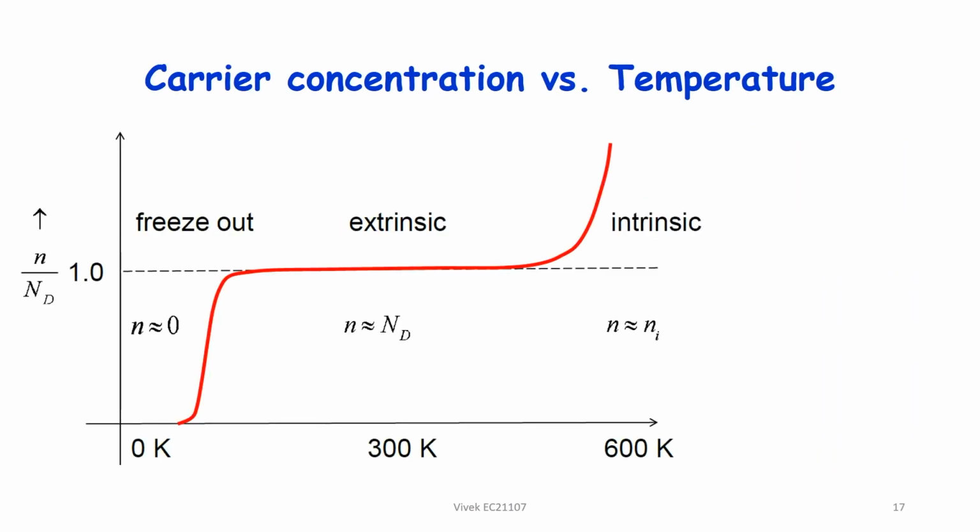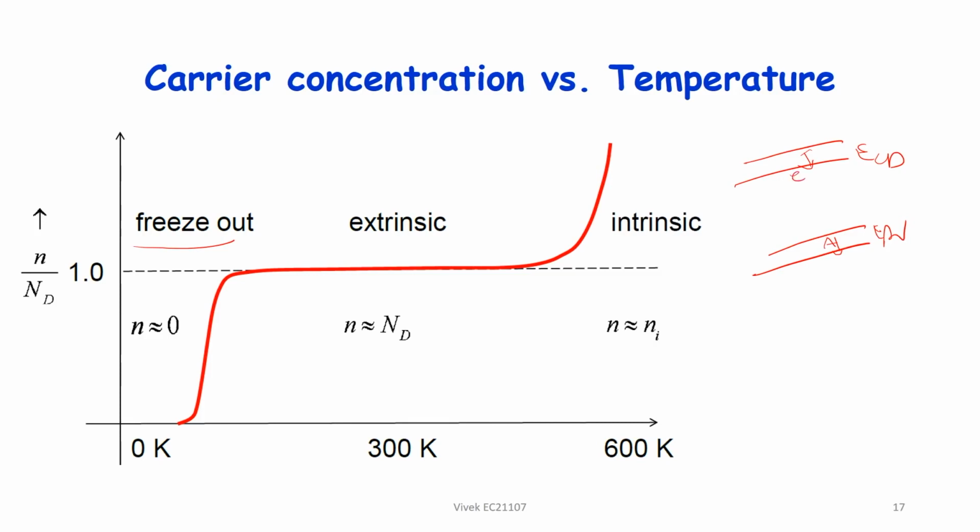So at low temperature we have a phenomenon called carrier freeze out. That means thermal energy is so low that carriers cannot even jump this 0.1 electron volt, EAB or ECD, right? This is EAB and this is ECD, and they cannot even jump this one.